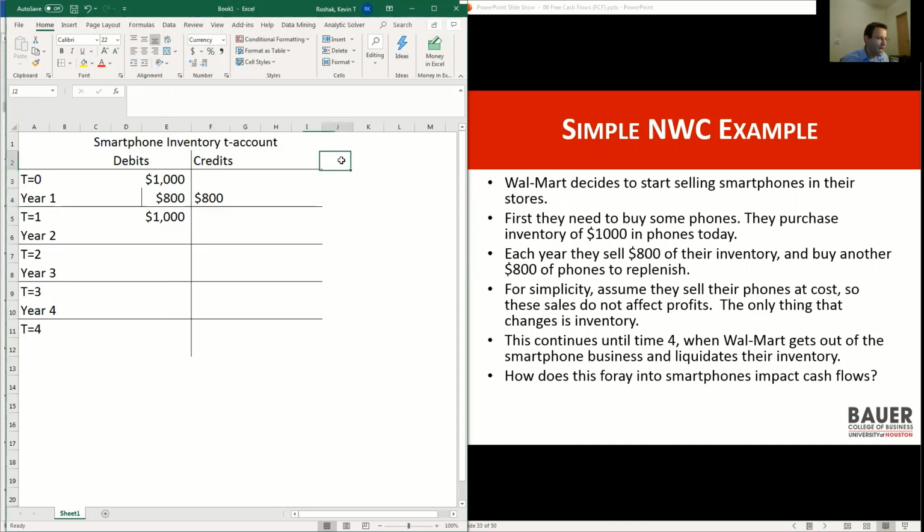What's going on with their cash flows? Well, what happened at time 0? They didn't have any smartphones before that, and they decided to get into this business, so they had to buy $1,000. Right, so their net working capital went up. Let's write that.